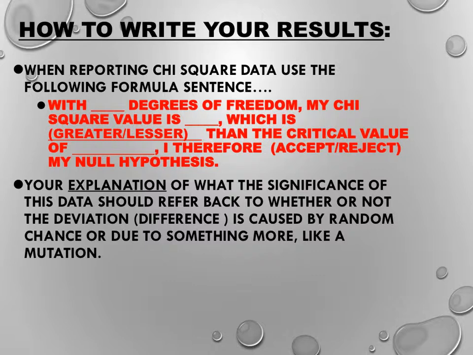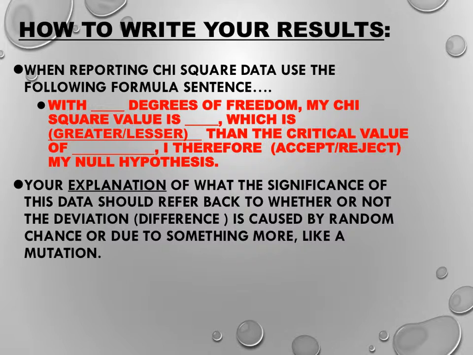Okay, so how do you write all of this up? There is a very particular way I would like you to report this data, and it's using the stuff that's written in red. So for every chi-square that you solve, this is what I'd like you to say. With blank degrees of freedom, so that's where you would insert how many degrees of freedom you have based on your question.